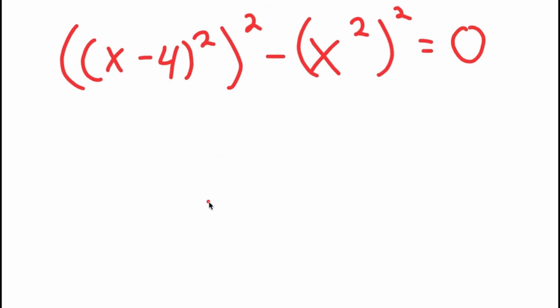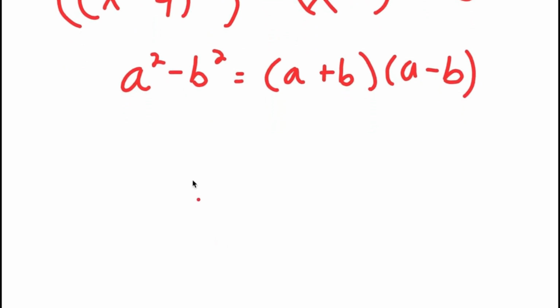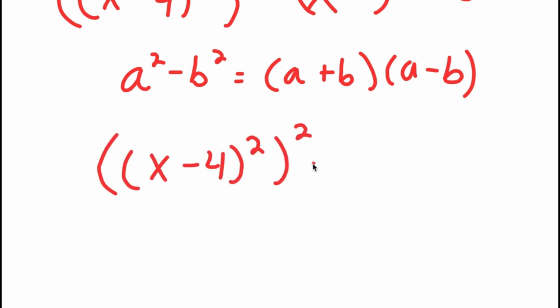Now from here, I can use the algebraic property that states that if I have something in the form a squared minus b squared, this is equal to a plus b times a minus b. So in this case, I have (x minus 4 squared) to the power of 2, and that's going to equal (x minus 4) to the power of 2 to the power of 2. Now I have this minus x to the power of 2 to the power of 2 is equal to 0.